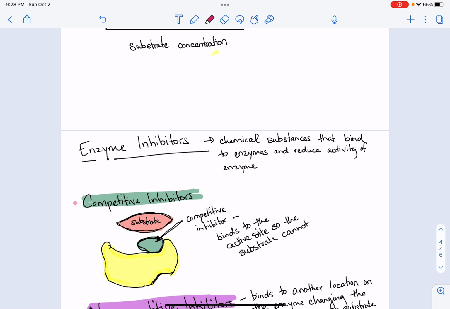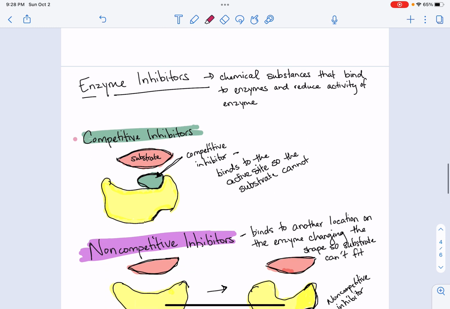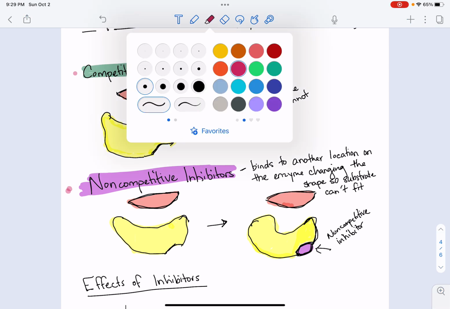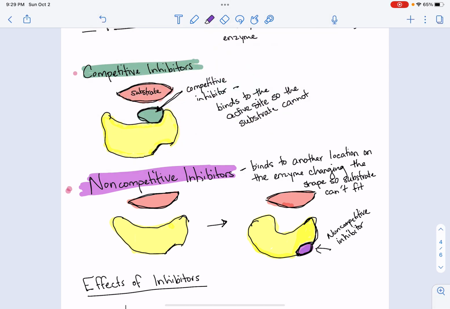And then non-competitive inhibitors actually bind to another location on the enzyme. When they bind to another location, like down here, this changes the shape of the active site.